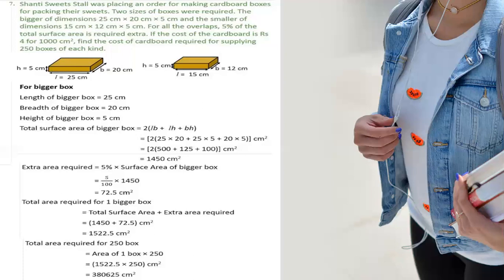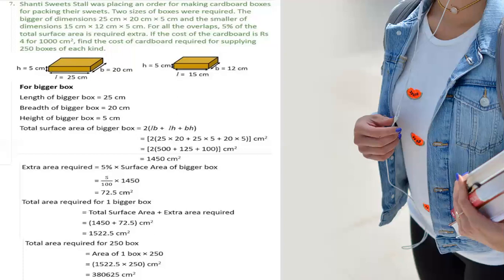So here for the bigger box, the length is 25 centimeters, breadth is 20 centimeters and height is 5 centimeters. So the total surface area of the bigger box is 2 of LB plus LH plus BH. Now substituting the values of L, B and H, we get 1450 centimeters square.